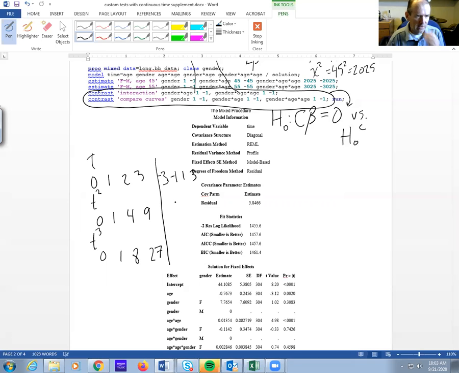The reason why I expanded a little bit was so that we have integers, right? And then if you do the same thing for the quadratic and the cubic, you can get coefficients, but again, if we center those about 0, then we have orthogonal polynomial contrasts, and being orthogonal allows them to be independent of each other.